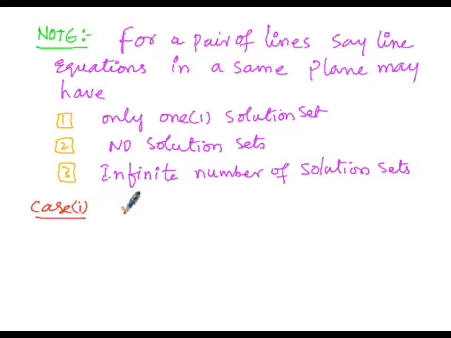if the system of linear equations has one solution set, that is in the first case, one solution set, then the system will be called a consistent one.